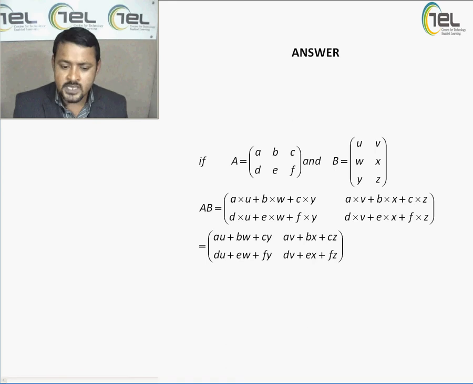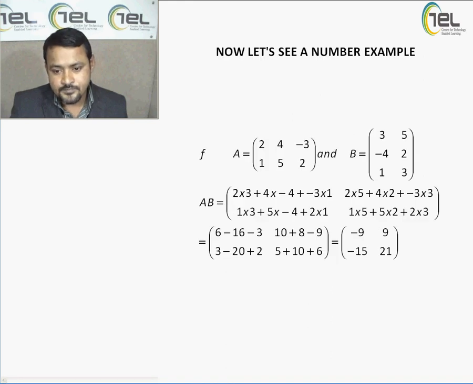So we have seen how matrices are multiplied. Now we come to another example. This example doesn't contain letters, it has numbers. It has the same orders: the first matrix is a 2 into 3 matrix and the second is a 3 into 2 matrix, so they can be multiplied.